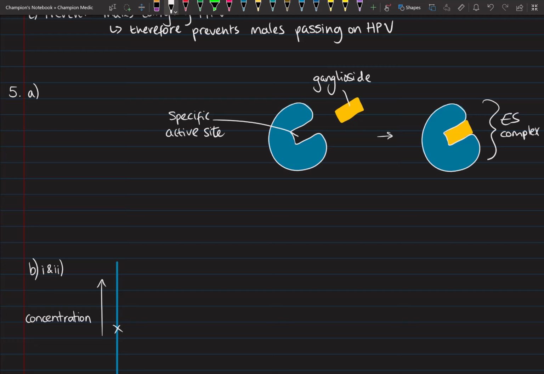I think with this question, they've added in a lot of words that we haven't heard before, such as gangliosides or hexosaminidase, but the theory behind it is the same. There's no change, so it's a common answer that you guys just learn off by heart.